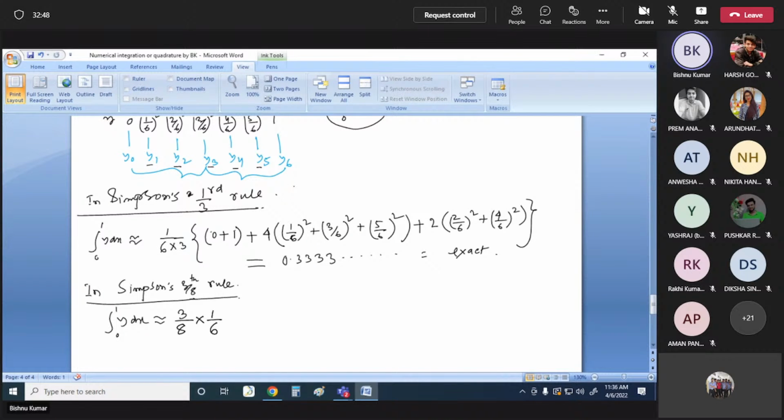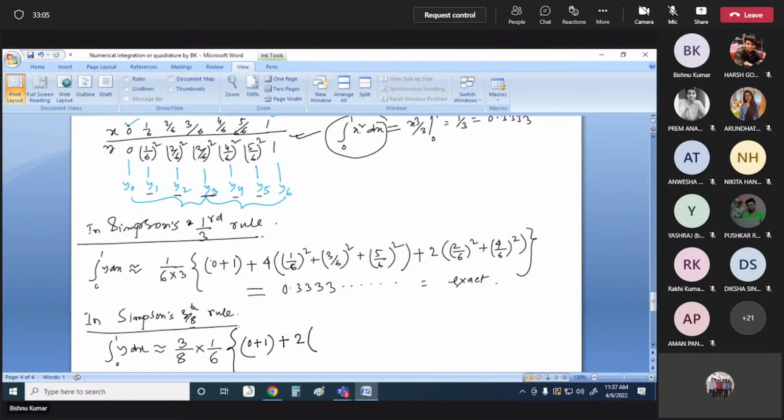Now within the bracket, first point plus last point, 0 plus 1, plus 2 into the intermediate y ordinates which are multiples of 3. Which points are multiples of 3 here? y3. What is that value? 3/6 square. Do you have any other intermediate multiple of 3 ordinates?